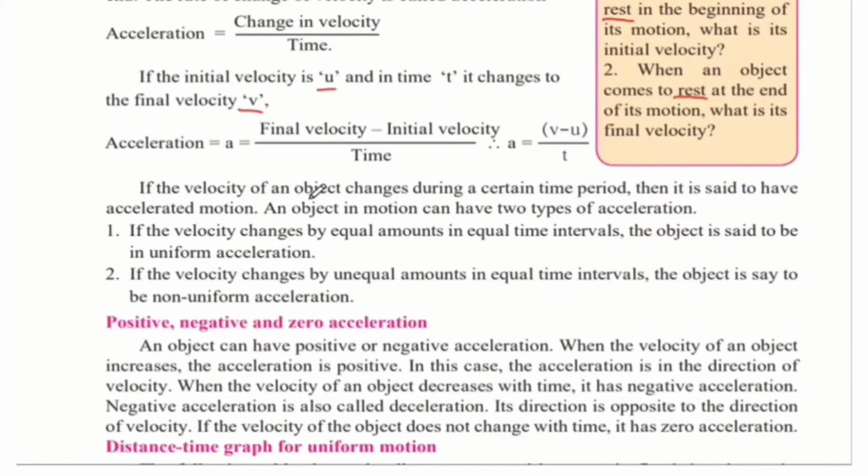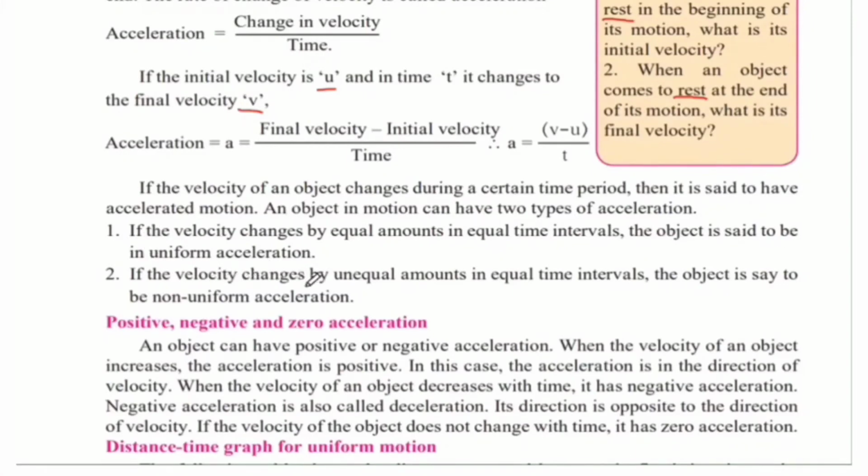If the velocity of an object changes during a certain time period, then it is said to have an accelerated motion. So, as we saw earlier, as you were sliding down the slide, your velocity kept changing. So, when the velocity changes, it is called an accelerated motion. An object in motion can have two types of acceleration. The first type, if the velocity changes by equal amounts in equal time intervals, the object is said to be in uniform acceleration.